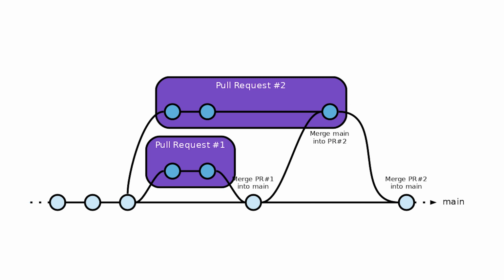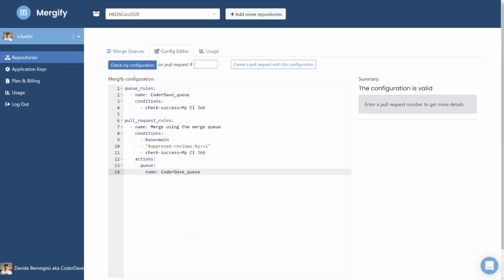With this, there's no way to merge a broken pull request into the base branch. Now that we have seen this in theory, let's see how we can configure queue rules in Mergify. Let's start with this simple example. This set of rules gives us the ability to queue our pull request merges based on conditions.